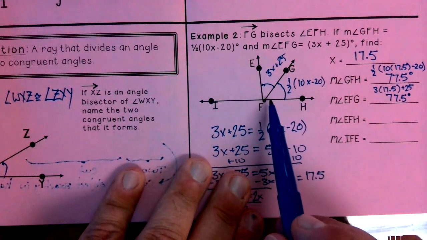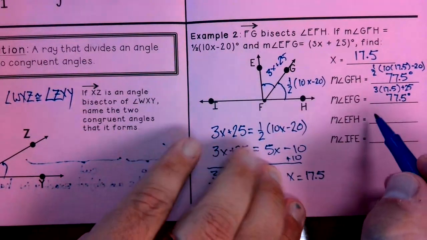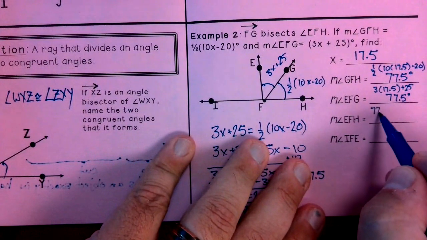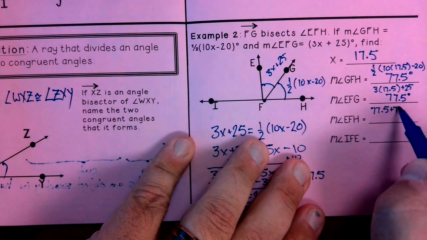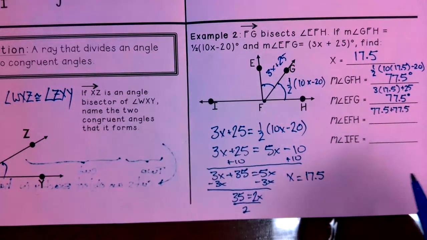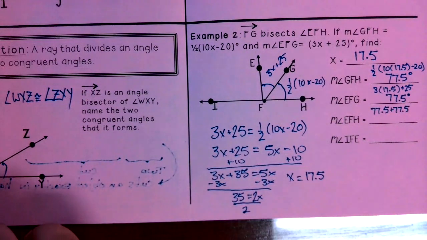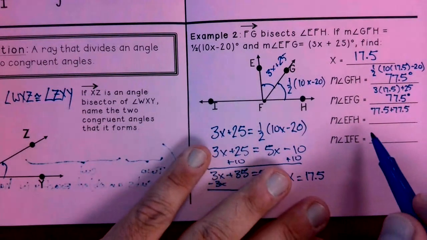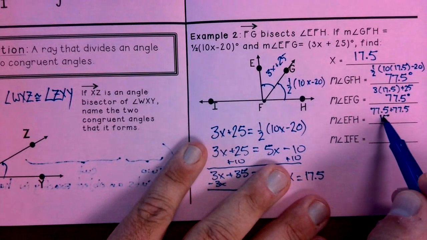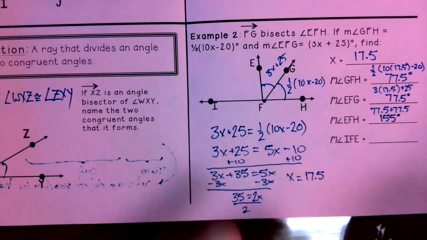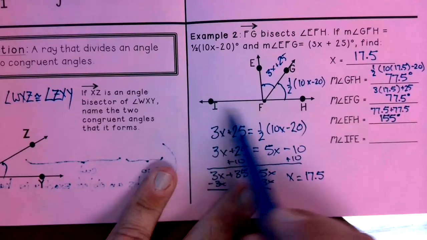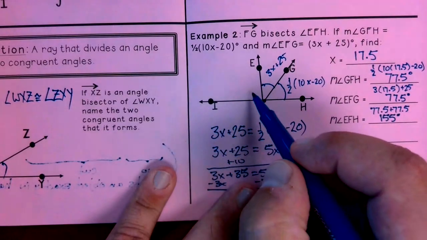EFH right here, well, that's just 77.5 plus 77.5. And I just add those together and I get 155. And then IFE, that's this bit over here.